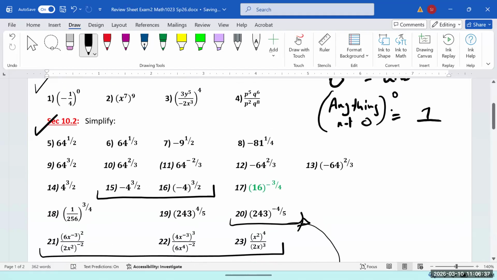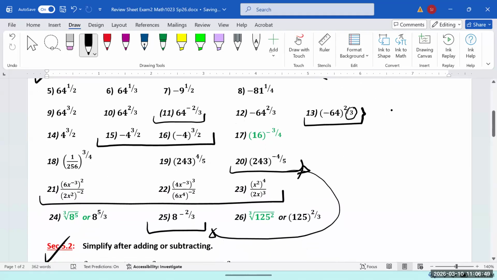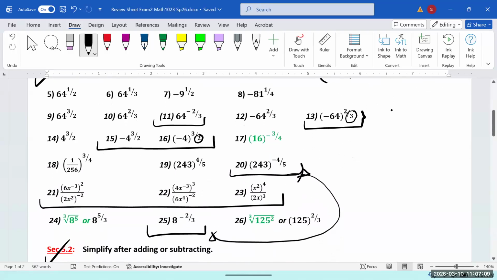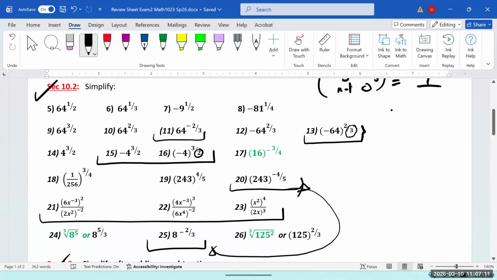And what else? So this is also a negative power. This is a negative base with an odd denominator. So what happens to the negative base at the denominator? What happens to a negative base with an even denominator? And what happens when there are no parentheses next to your negative sign? So these are a few types you have to be careful about. So at least how many?